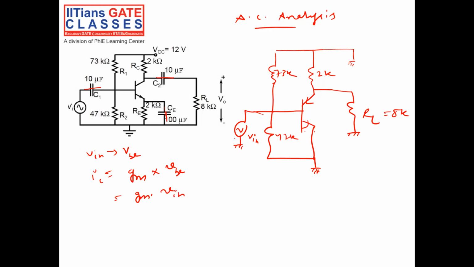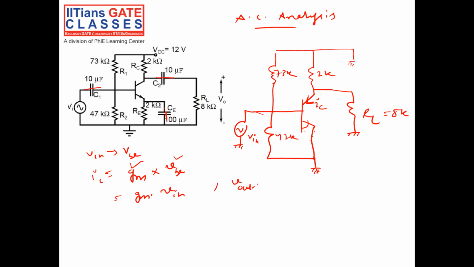So whenever I apply an input signal, it will go and modulate my base to emitter voltage. In this case, base to emitter voltage is equal to my input voltage. Since my base emitter voltage is changing, in response there is a change in collector current. The change in collector current is nothing but transconductance times my base emitter voltage, or gm into input voltage in this case.